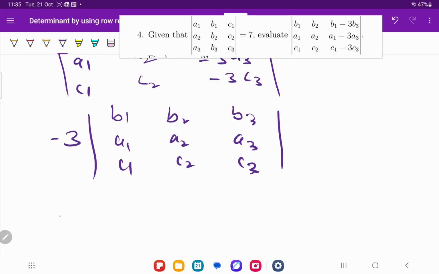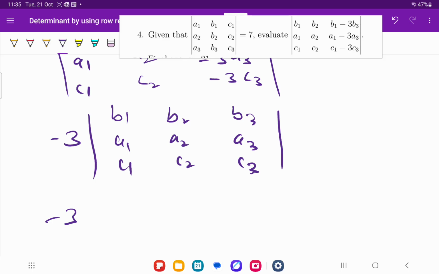clear? And then there is a property of the determinant which says that if you take the transpose of your matrix, it won't affect the determinant. It means that you could change your rows to columns, or columns to rows. It won't affect your determinant.